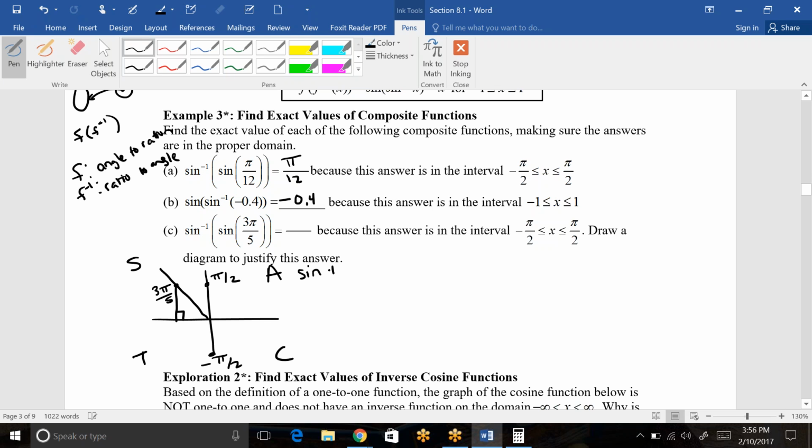Sine is positive, sine is positive, sine is negative, sine is negative. All stands for all the things that are positive in quadrant 1, which is everything. S, remember science, stands for sine's family, the sine and the cosecant. They're positive in this quadrant. Tangent's positive in this quadrant. Cosine and its family members are positive in this quadrant. So sine's negative in these two and positive up here.